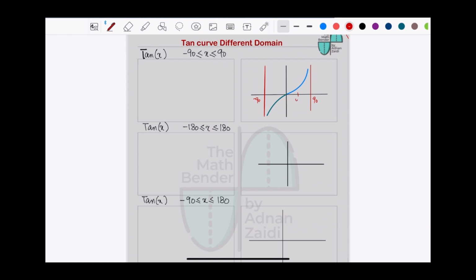This point here is 45, and this is negative 45. The domain is from negative 90 to 90. The range of this function will be negative infinity less than tan x less than infinity.